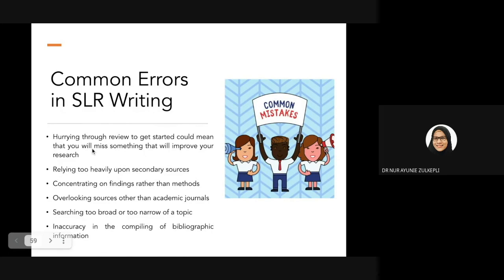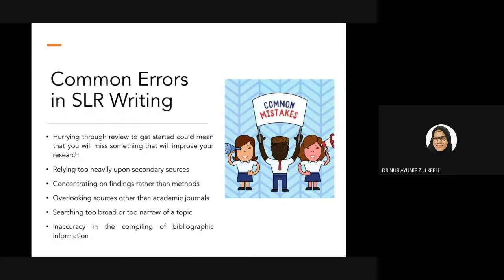Before you start writing, if you learn my topic earlier, you can practice the reading strategy, the structuring SLR strategy, and also the writing strategy, right? But I understand it's okay. You can use it next year. And also some rely too heavily upon secondary sources instead of primary sources, and also rely too much on internet sources as well.